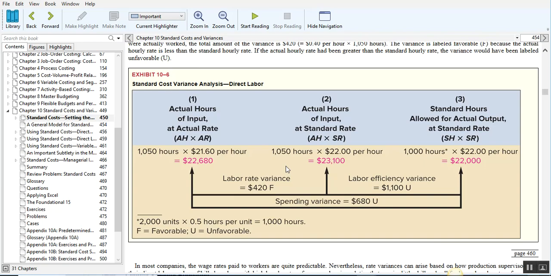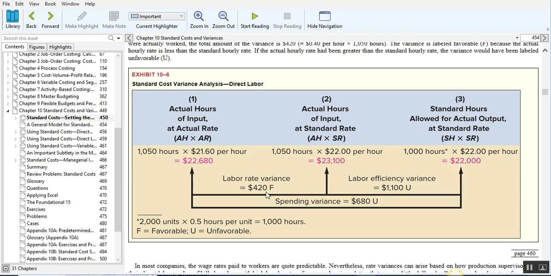Here we have the same hours in the equation, but we're comparing a different labor rate that we're going to calculate. So we have the actual hours times the actual rate, and subtract out the actual hours times the standard rate, and we're going to get a difference between these two numbers of $420.